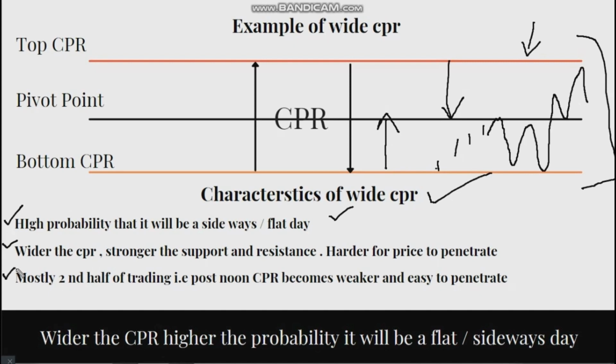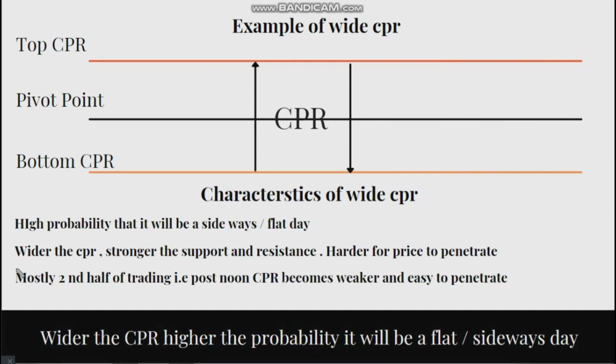mostly the second half of trading session, which is like 12 to 3:30, is the afternoon session. We call it the post noon session, and the morning session starts at 9:15 till 12 o'clock.